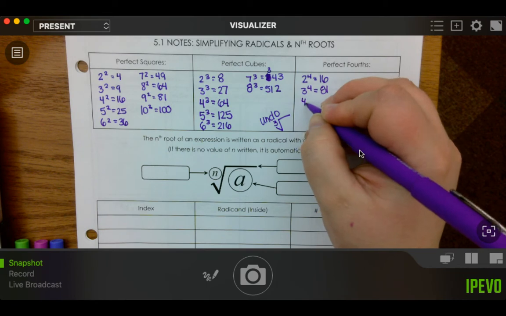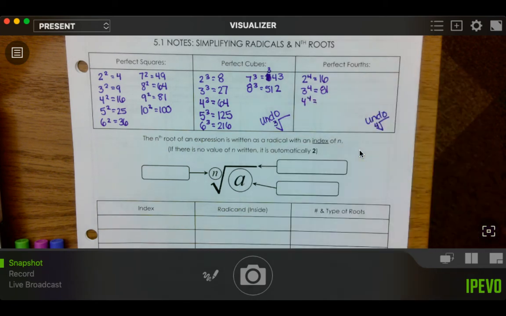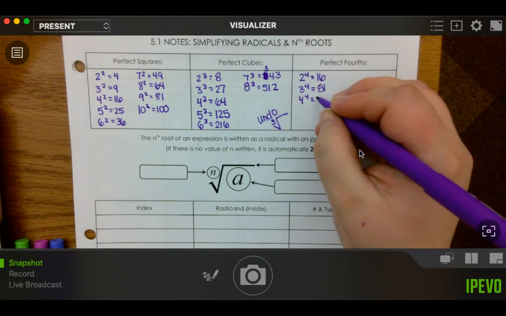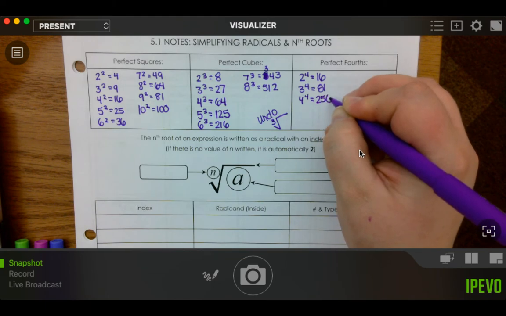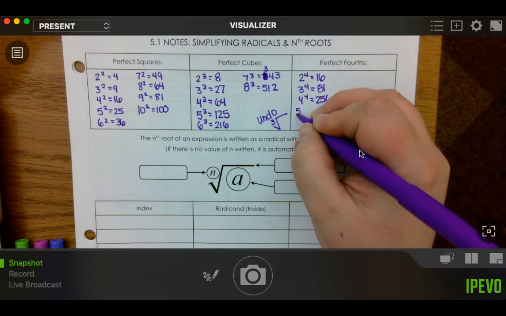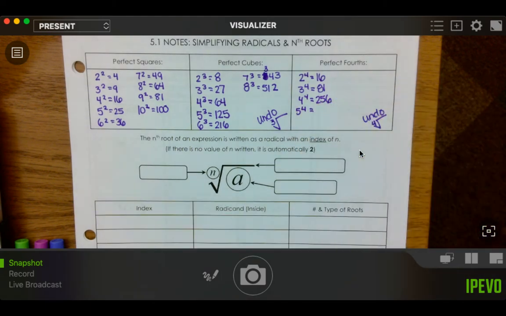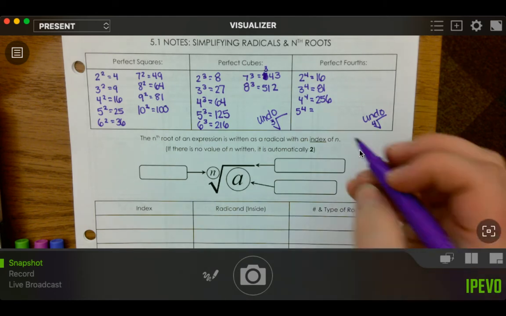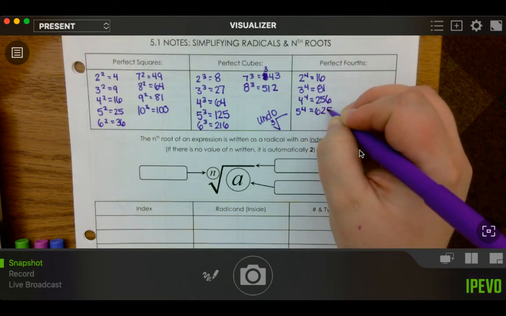4 to the 4th is 64 times 4 again, which is 256. 5 to the 4th power would be 125 times 5 again, which should be 625. Yep, 625.